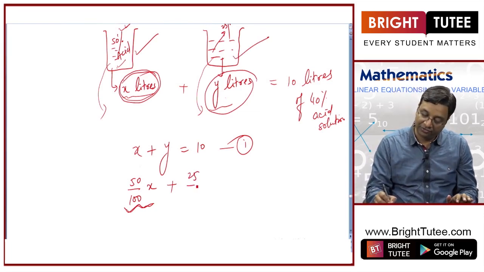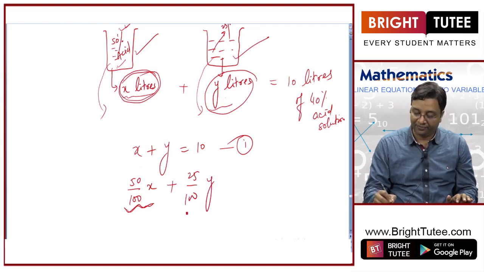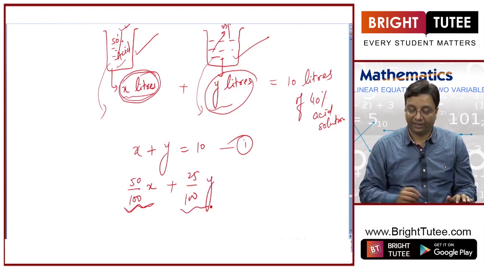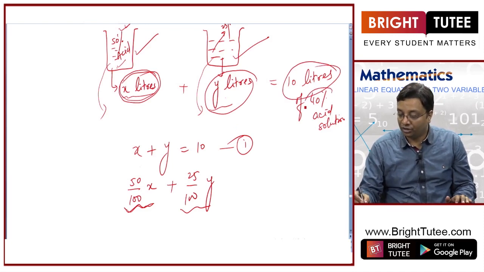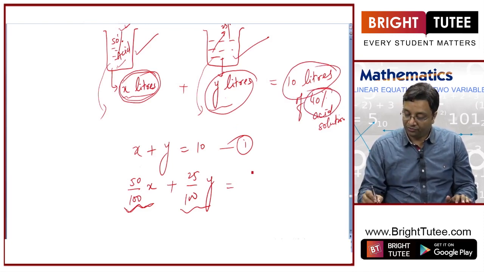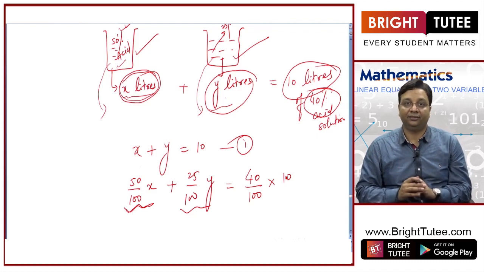So it has got 25 by 100 y, this much acid, right? And the final solution, which is 10 liters, has got 40% acid. So the final solution has got 40 by 100 into 10, this much acid.